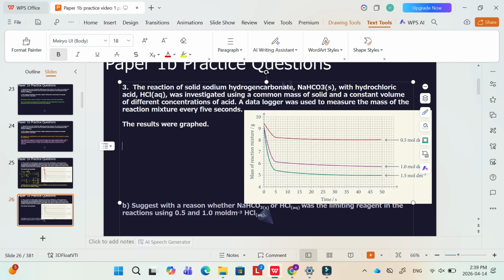And the amount of mass lost is quite different each time. One time it's about 1 gram, another time it's about 3 grams, another time 3.5 to 4 grams. It's different each time. So that means HCl is absolutely limiting. At least in the 0.5 and 1.0 cases.